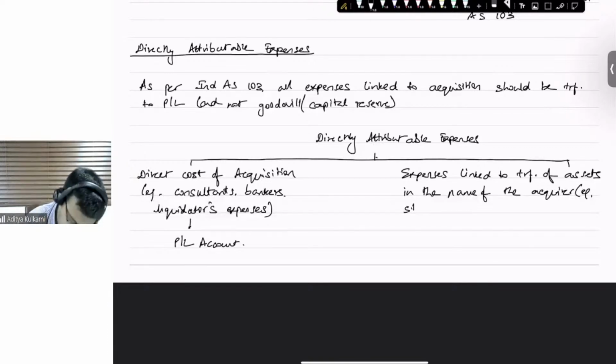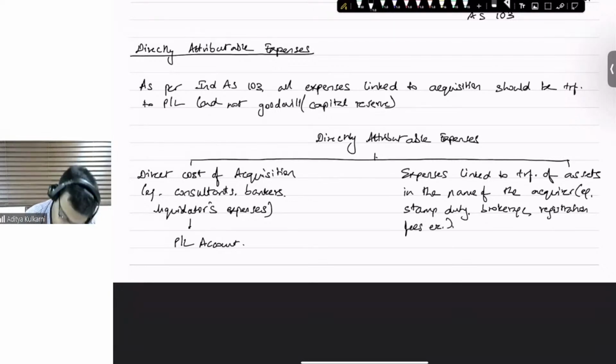Example, stamp duty, brokerage, registration fees, etc. Where are you going to take this? This also will be taken to the P&L account.